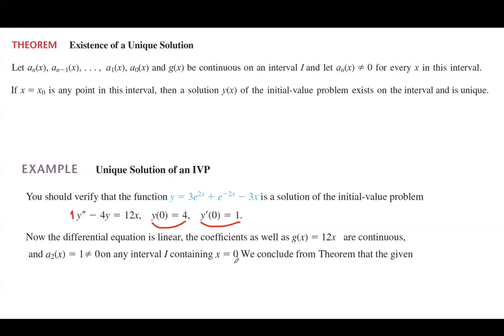On any interval containing x sub 0, we are good with the conditions of this theorem. So we conclude that the theorem gives us a function that is a unique solution on the interval I. As long as these conditions are met, we are guaranteed a unique solution for the initial value problem.